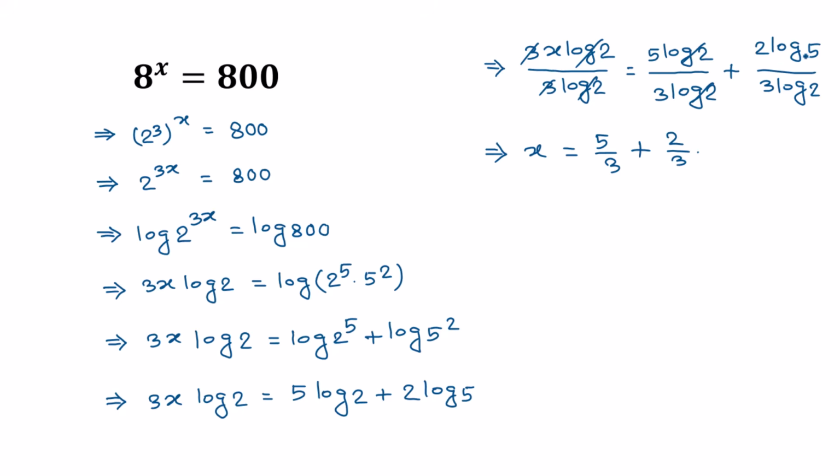times log of 5 over log of 2. So the value of x is equal to 5 over 3 plus 2 over 3 times log of 5 over log of 2.